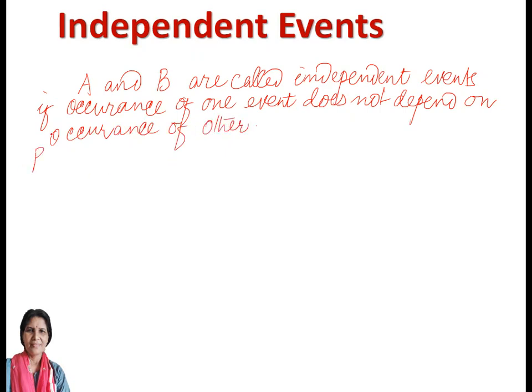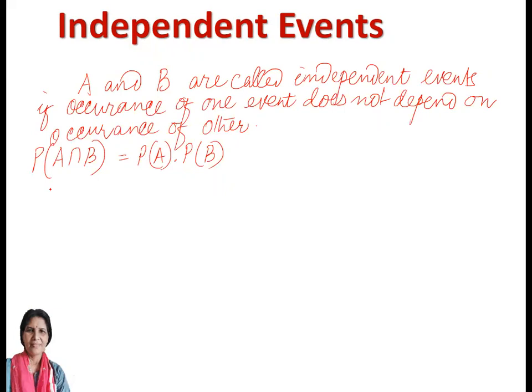So at that time, P of A and B both is your probability of event A times probability of event B. For independent events, this is the condition, and if this is true, then A and B are independent.